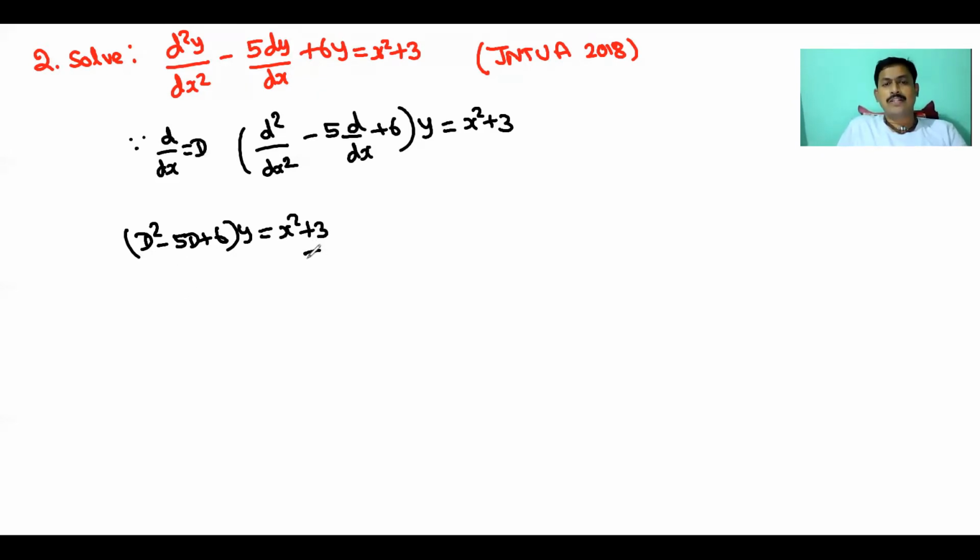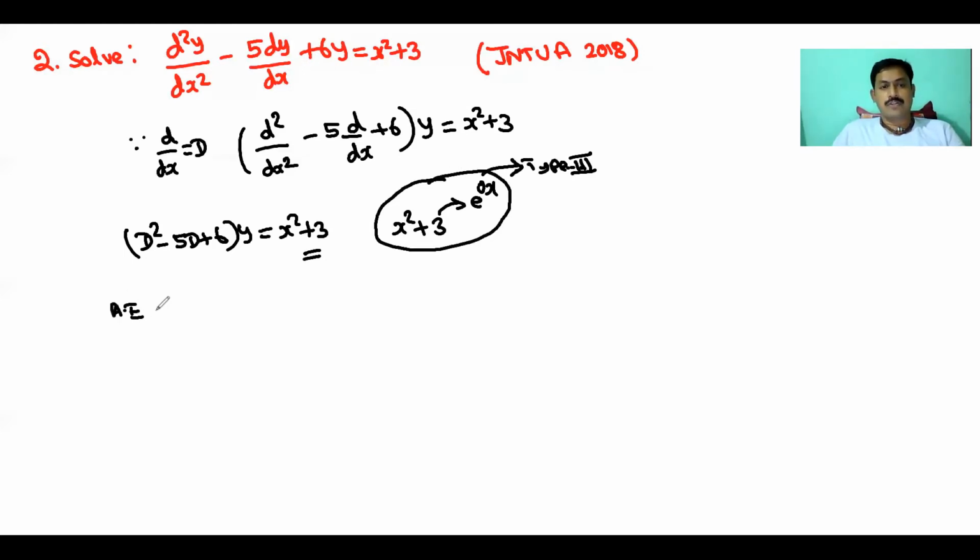If you see your right hand side, you will have x square plus 3. I already told you whenever you are having a constant, it comes under the first type. But in type 3, whenever the constant is involved, we have to consider the entire term as type 3. The auxiliary equation is m square minus 5m plus 6 equal to 0.